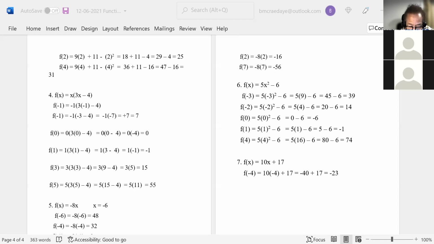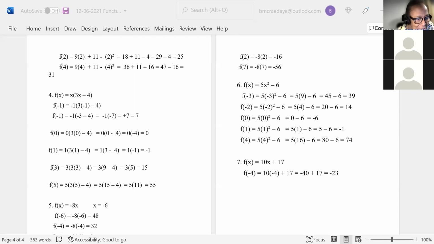That's right. So when it's 6, it's 77. When it's 7, what is it? 53. Nope. Add the 17. 7 times 10 is 70, plus 17 is 87. Okay. When it's 8, it's what? 97. That's it. Very good. Okay. You got it. Excellent.